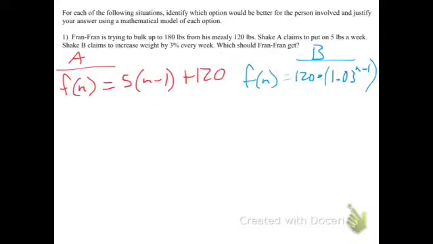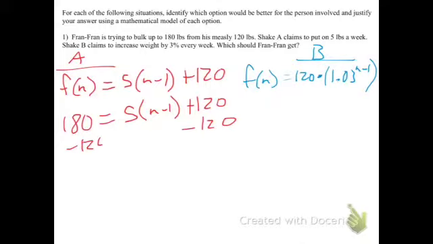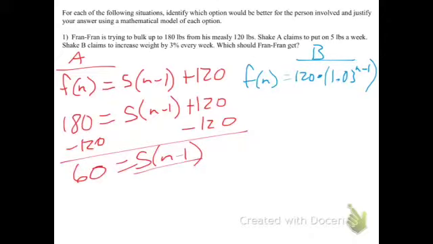And then which one should Fran get? Well, to get up to 180 pounds, with plan A, it's actually not going to be too bad. Just plug in 180 on this side here and solve for n minus 1, and that'll tell you what term in the sequence it would be. So subtract 120, you got 60 equals 5 times n minus 1, divide by the 5.